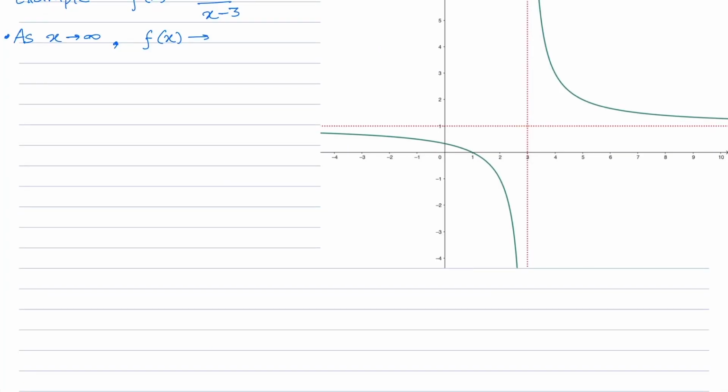Example, we want to see when x is going to infinity where our f(x) is approaching to. f(x) is (x minus 1) divided by (x minus 3). x is going to infinity means x is increasing without any bounds. We will look when x is growing, how is our f(x) doing. So if we look, when x is growing, our f(x) is approaching to the y equals 1.